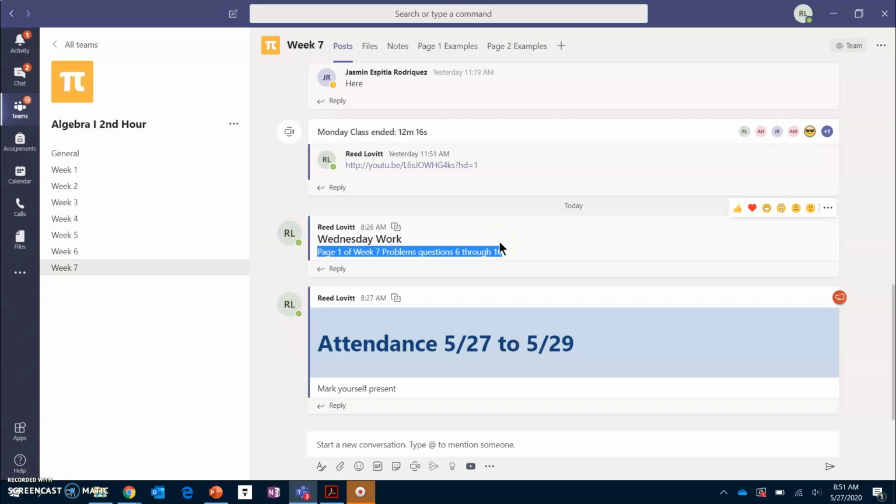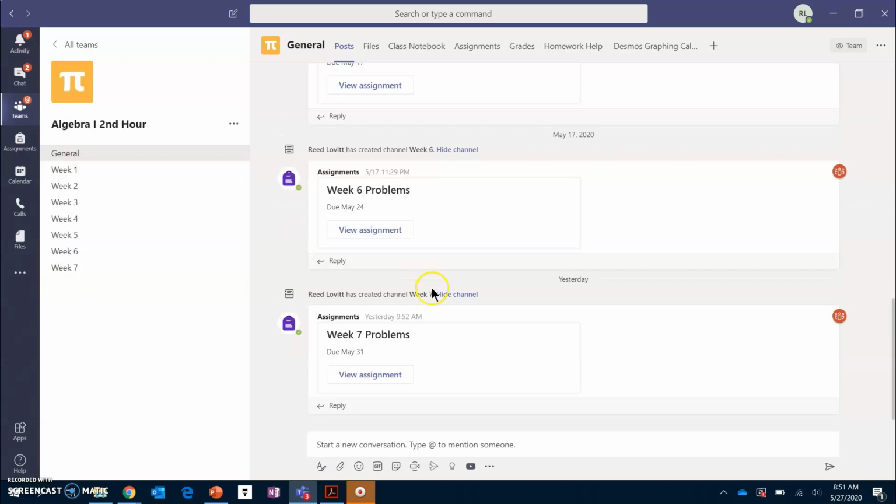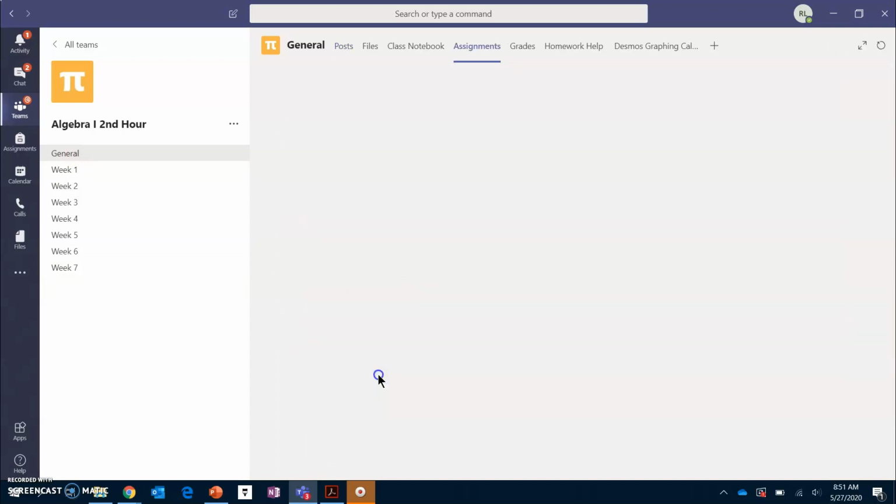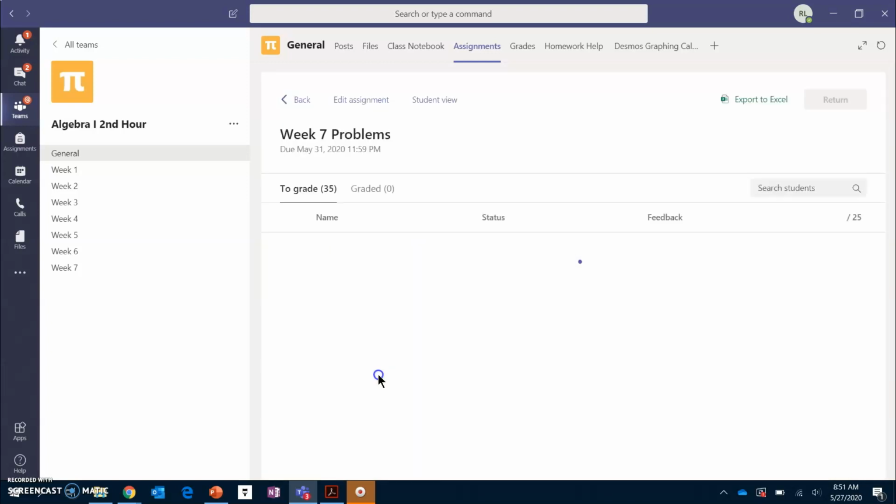So let's take a look at those problems that we're going to have to do. Week 7 problems, page 1, problems 6 through 10.